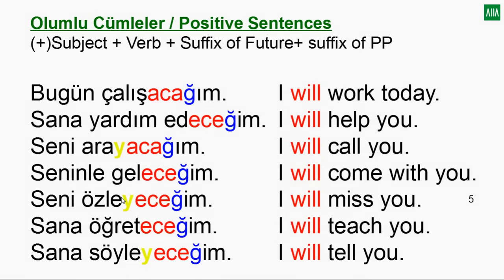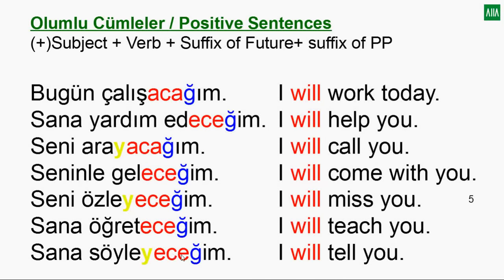As you see here, on the left Turkish, and on the right English sentences. Okay, now look. Bugün çalışacağım. Sana yardım edeceğim. Seni arayacağım. Seninle geleceğim. Seni özleyeceğim. Sana öğreteceğim.